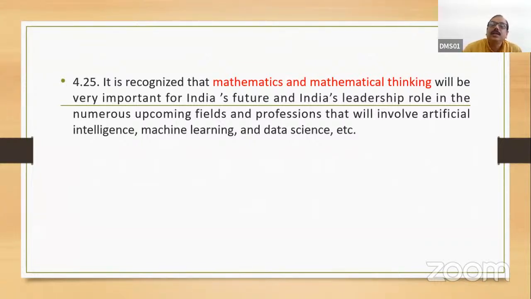So they say that to develop all these kinds of skills, they recognize that mathematics and mathematical thinking will be the essential core element, and this knowledge competency will give India a real leadership role on the world map. So they are emphasizing that every student in the school period must learn mathematics and develop mathematical thinking abilities.